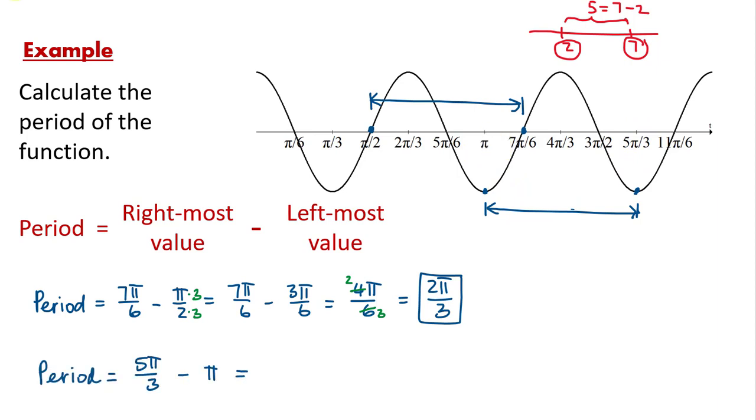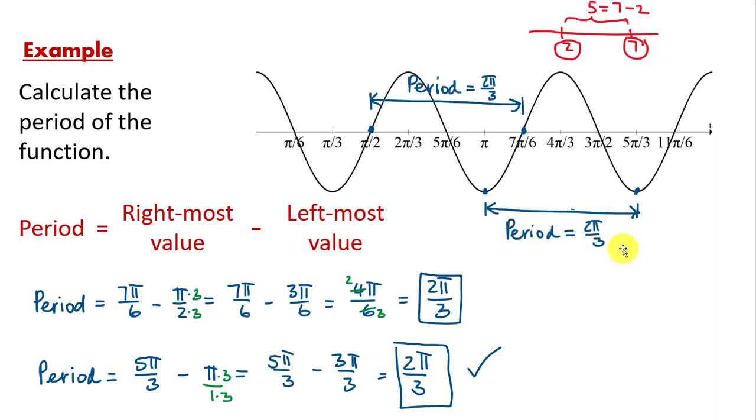To subtract pi, I'm going to put it over 1, and to create common denominators, I'm multiplying by 3 on the bottom and on the top. So that's 5 pi over 3 minus 3 pi over 3. That gives me 2 pi over 3. And that is the same answer that we got in the first case. And that illustrates that no matter what cycle we pick, its length, or period, is going to stay the same.